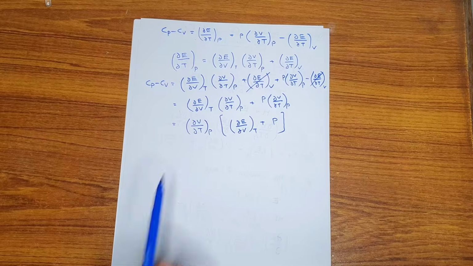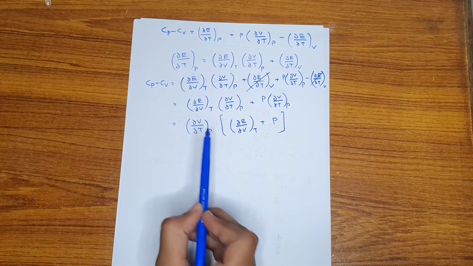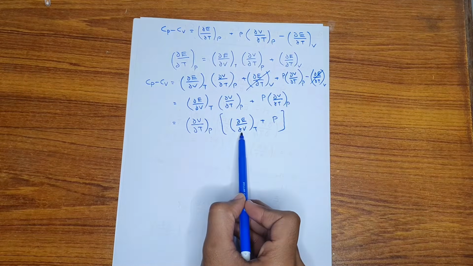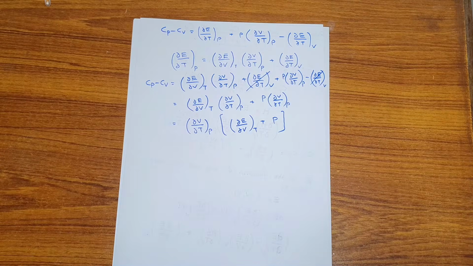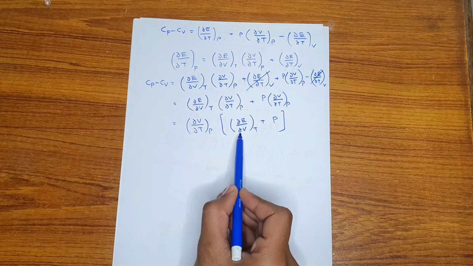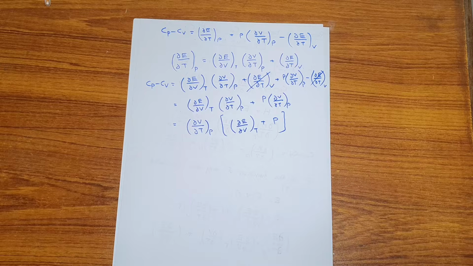Okay, so this is the change in volume with respect to change in temperature, and this is the change in energy with respect to change in volume. Since we are talking about the ideal situation here, the ideal gases, and as you know there are no forces of attraction or repulsion between the molecules of an ideal gas, in that case I can take ∂E/∂V to be equal to 0, because in the case of ideal gases, the change in energy with respect to the change in volume is equal to 0, since we are not taking any interactions between the gas molecules.